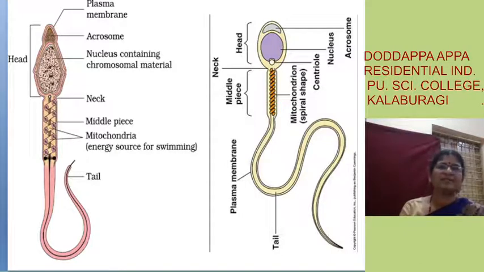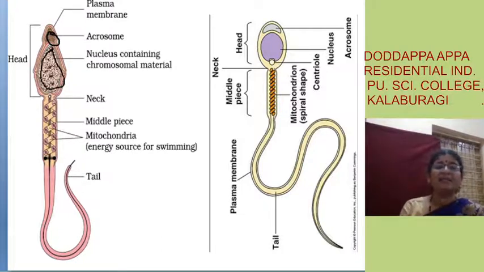So here you can see a clear-cut mitochondria, and you can see here the acrosome. Clearly you can see the whole sperm is covered by plasma membrane, of course, and this is a cap-like structure which is called acrosome. This is the highly condensed nucleus. Fine, at the back you will see centriole. Here it is not labeled.